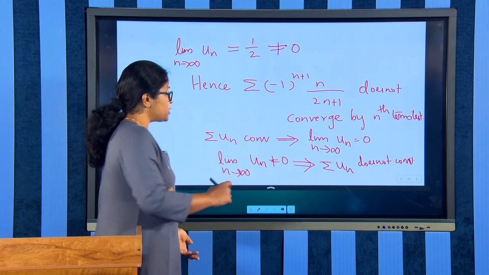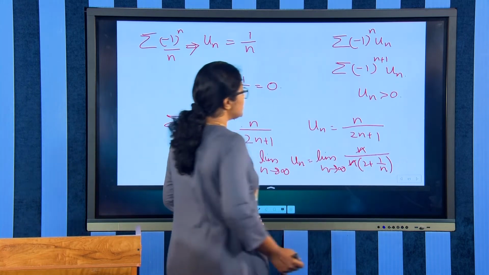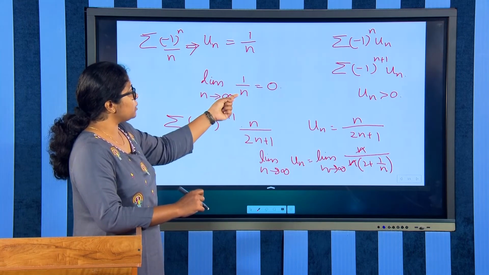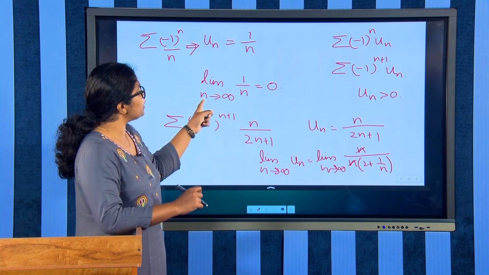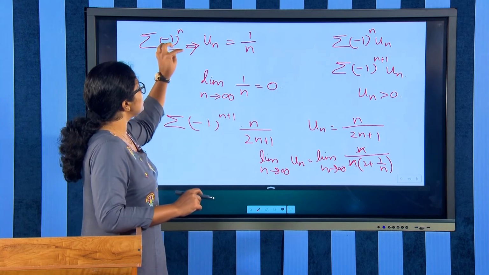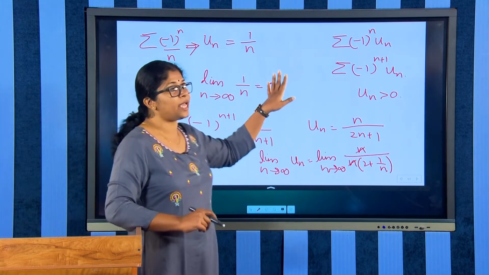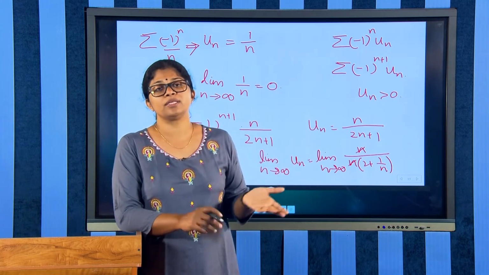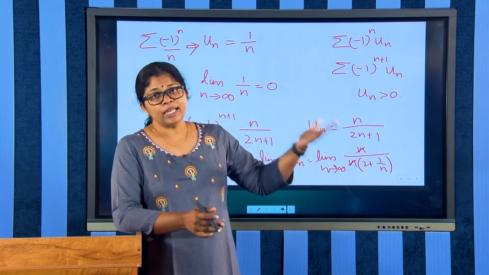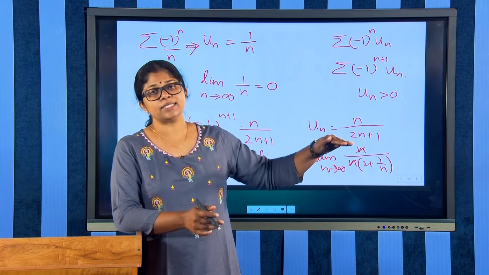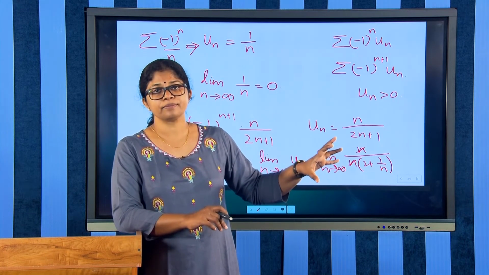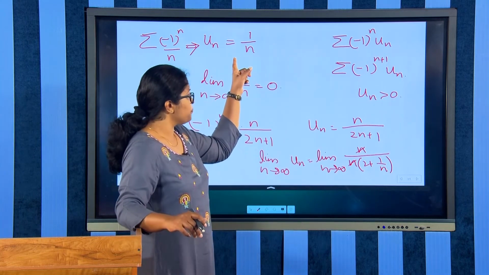But what about the first series that we have discussed? For the first series, 1 by n was the nth term, and we have shown that limit n tends to infinity 1 by n is equal to 0. So, for this series we cannot apply the nth term test to see whether the series is convergent or not. So, actually we are failing for all the tests that we had studied for convergence of positive term series for this particular case.